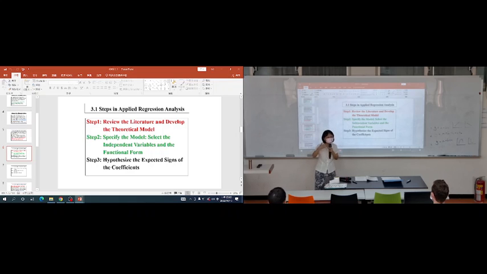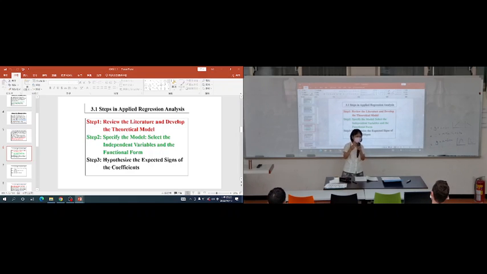So I like to use this 6-step process to really set your mind into the correct thinking logic. This is the correct way to think about how to do regression analysis. So when you do our exercise number 2, that's due next week, I just give you a feeling for collecting the data.